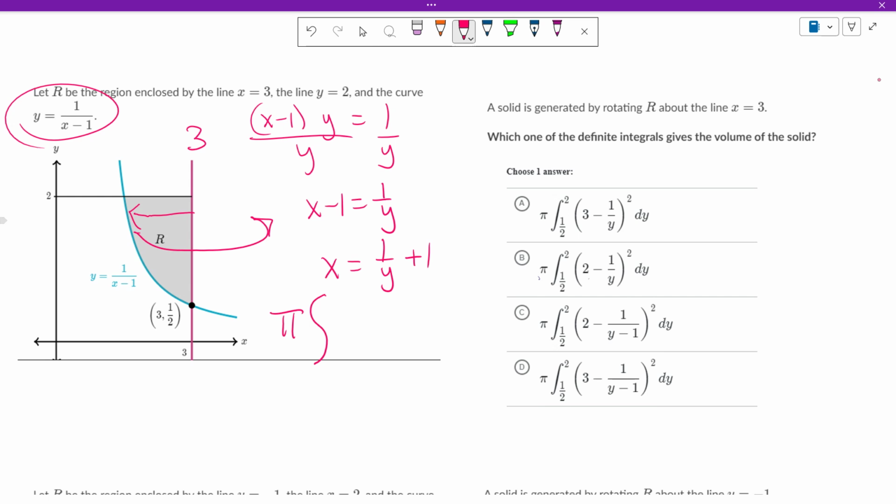Where do we start? Not 0, not 3, 1/2. Where do we end? From here to here. So we're going from 1/2 up to 2 of 3 minus 1 over y plus 1, squared.